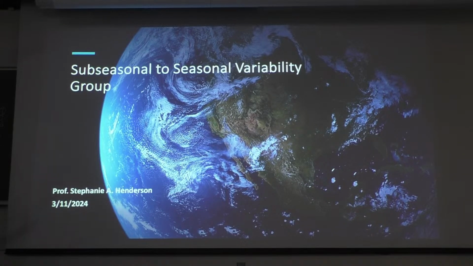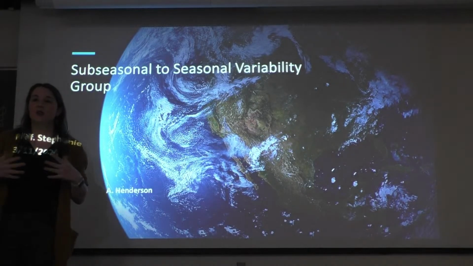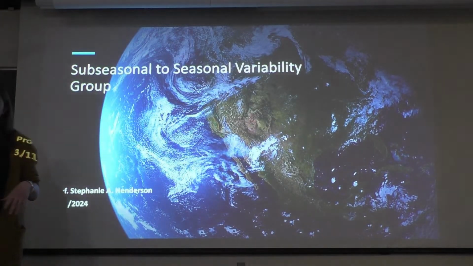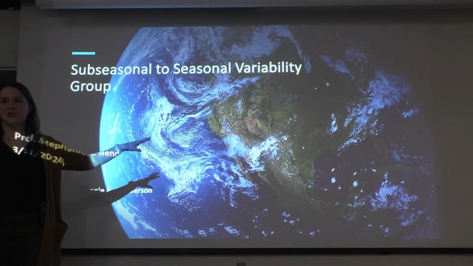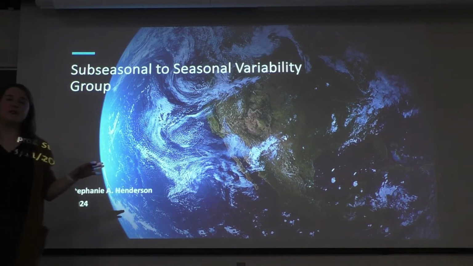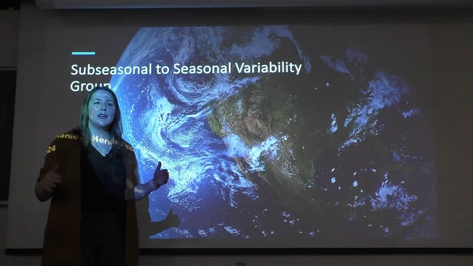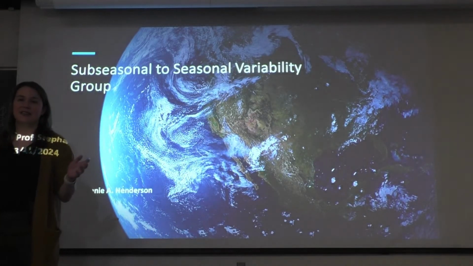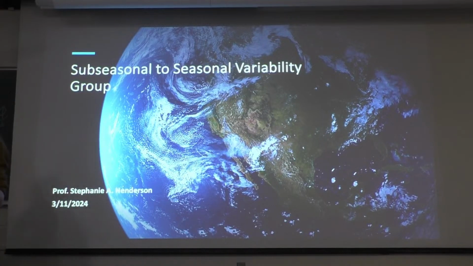I wanted to tell you a little bit about my research group. We're the subseasonal to seasonal variability group. That's what I tend to call us because those are the time scales that our research tends to be at. I'm going to give a little bit of background about the relevant phenomena of the projects I'm going to highlight that are ongoing in my research group.